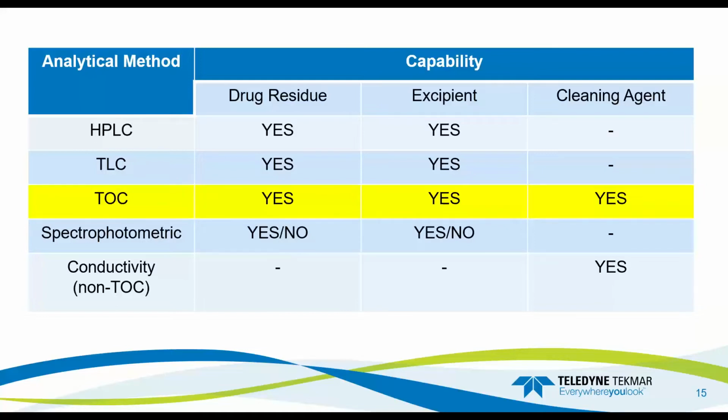When we're in these laboratories, we want to make sure that we have a system that meets our analytical needs in detection limits and low-level detection, but is also very robust. And it's going to give us excellent capabilities across all types of sources of contamination in our cleaning validation process.